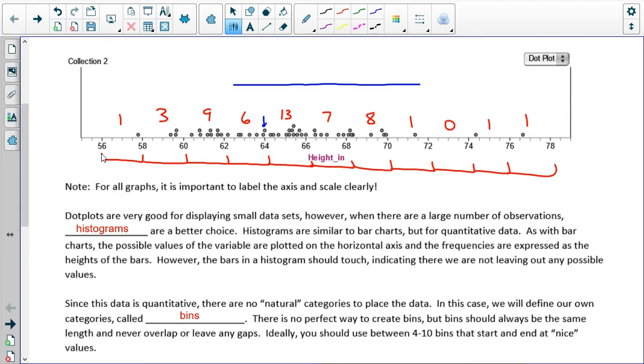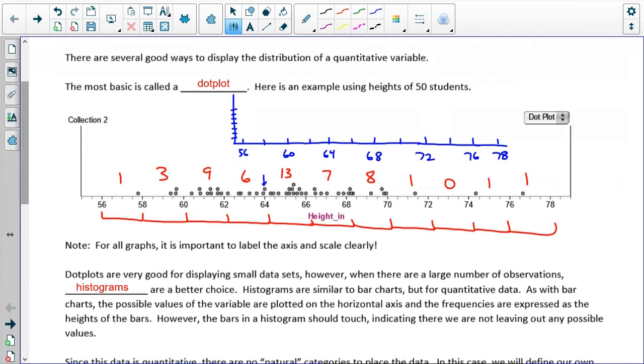And so what I would do is I would say 56, 58, 60. So I have 11 things here. And then what I want to make sure that I do is I accurately represent how high they are. So I want to go up by an even amount of things.